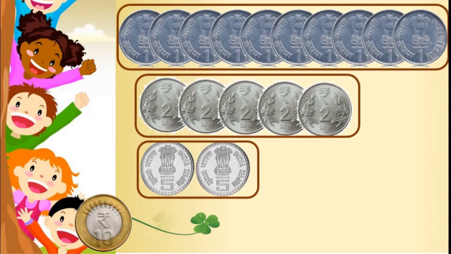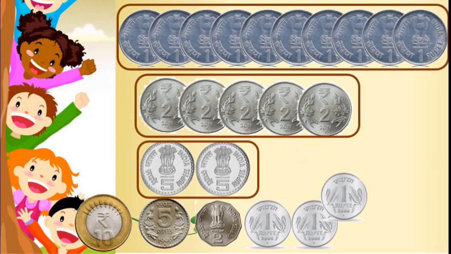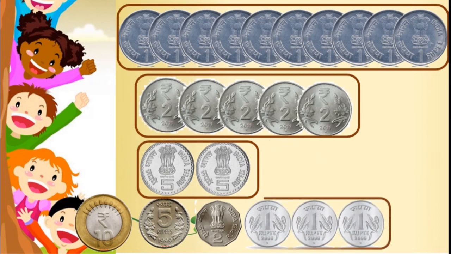And now Meet. He has all different coins like 5 rupees, 2 rupees, 1 rupee. Okay, Meet, please give me the change for 10 rupee coin. We will see. He gave me one 5 rupee coin, one 2 rupee coin, 1 rupee coin, 1 rupee coin, one more 1 rupee coin.